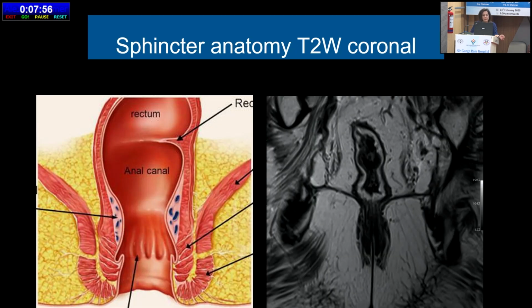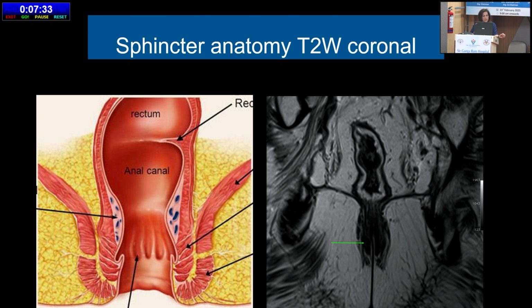So let's come to anatomy first. We had beautiful lectures in the morning about anatomy. Exactly what you see in cadavers and in your book pictures, that's exactly what we can show you on MR. If you look here, this is the internal sphincter. The internal sphincter is intermediate in signal and it's the continuation of the circular layer of the rectum.